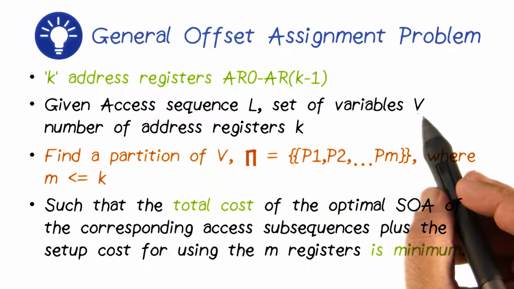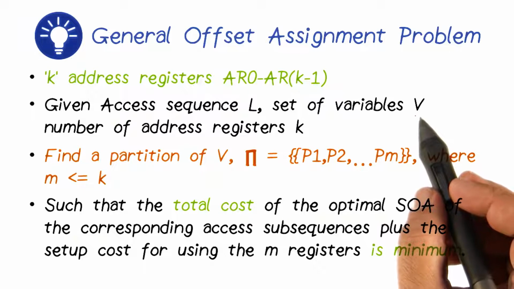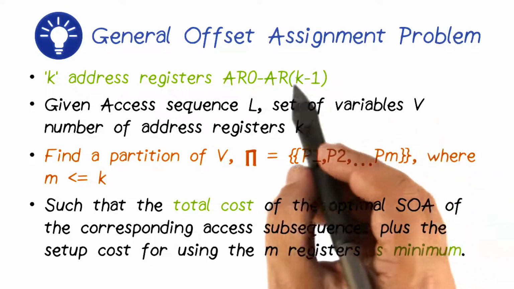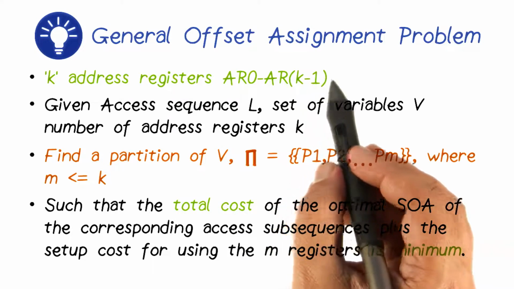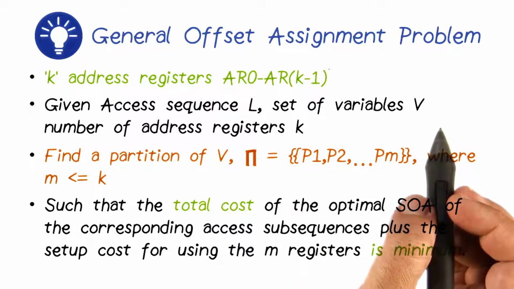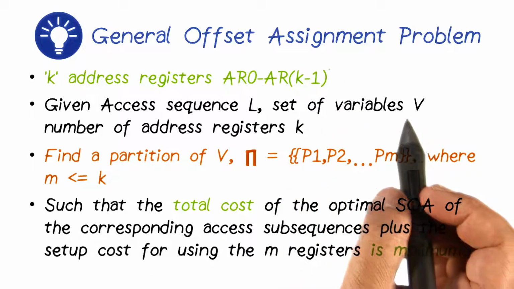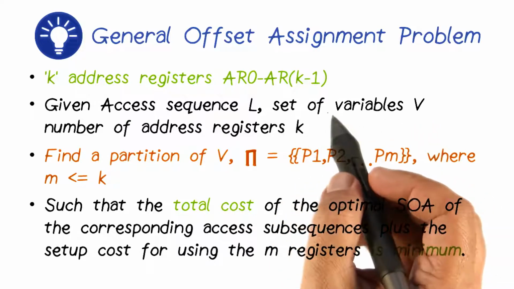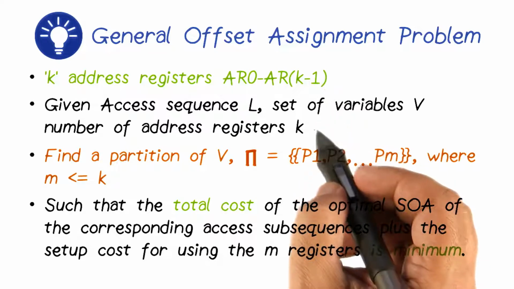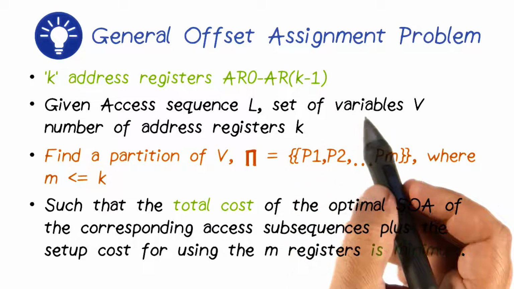There is also a different version of the problem which is more realistic. Now in this particular version, instead of having one address register, we have multiple address registers, let's say k of them, from AR0 to ARk-1. And then we have a long access sequence, a set of variables, and the address registers, k of those.